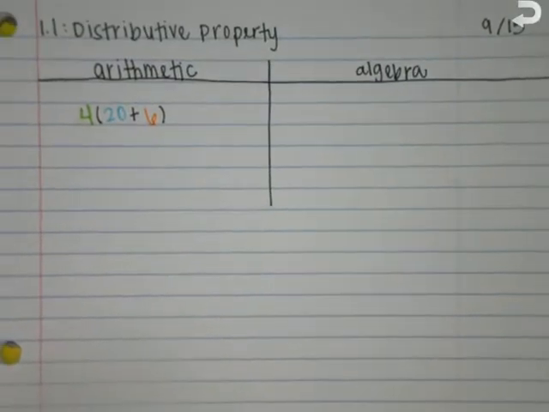Okay, 4 times 20 plus 6. How many of you guys have heard of the distributive property before? Okay, so how many of you use the arrows to make sure that you draw it in? All right, good. Distribute means to give something to everybody.